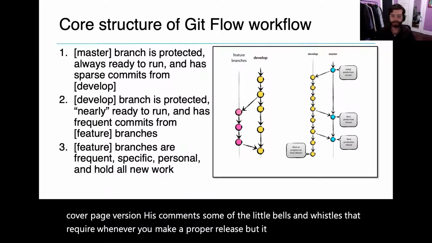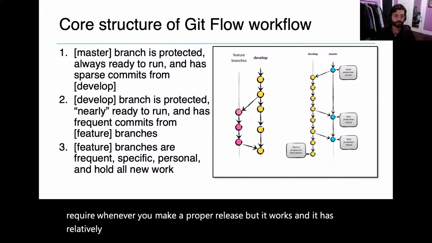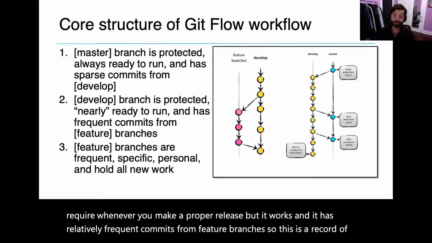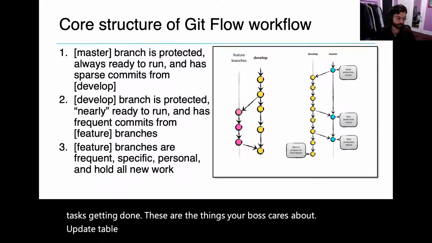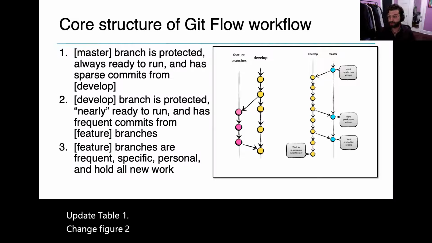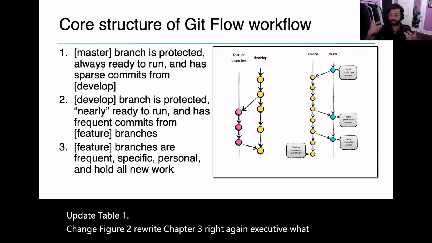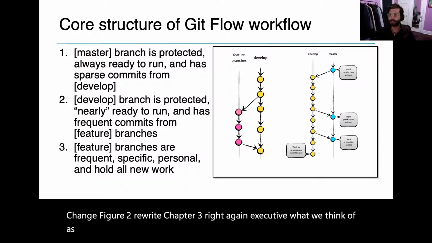And it has relatively frequent commits from feature branches. So this is a record of tasks getting done. These are the things your boss cares about: update table 1, change figure 2, rewrite chapter 3, right?